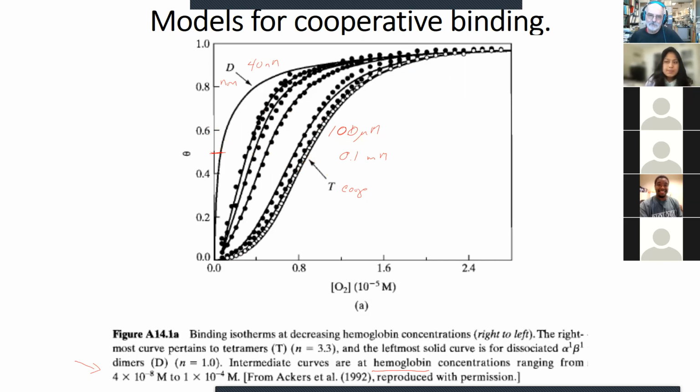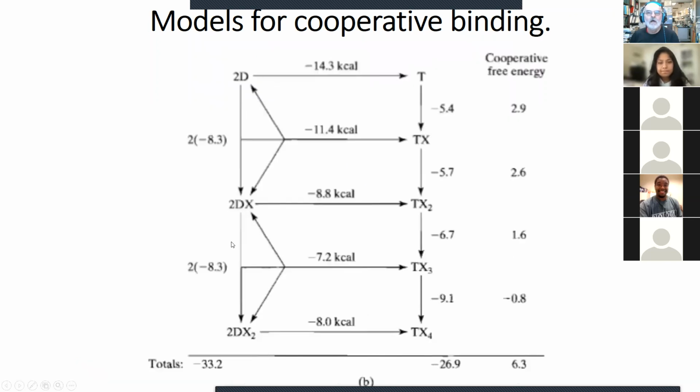There's lots of stuff going on here, right? This is a depiction of the full complexity of this. You have a dimer-tetramer equilibrium. You have oxygen binding, 1 ligand, 2 ligands, 3 ligands, 4 ligands. The oxygen can bind to dimers, the oxygen can bind to tetramers.